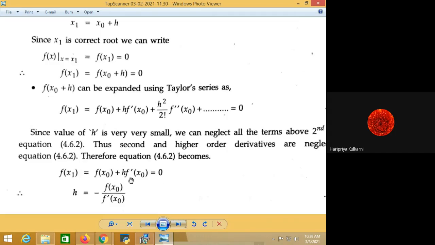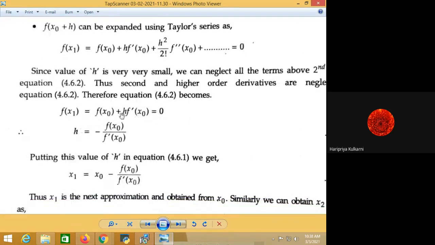So here we are interested to find the value of h, which is a small step size. For this h, what I have done: this f of x0 is shifted here, so it is minus f of x0 divided by f dash of x0. It is multiplied with h, so it will be divided when I shift it to the right hand side. So h is nothing but minus f of x0 upon f dash of x0, that is your h step size.